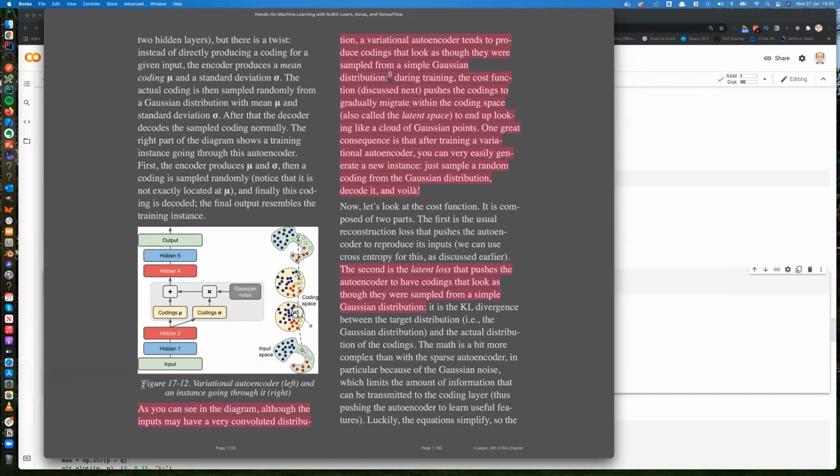Yeah, I can sort of understand that, but the confusion I have is this: let's assume batch size is 1, and we've inputted an image, gone through one dense layer, another dense layer, and we've got some vector representation. How do we compute the mean and the standard deviation of that?